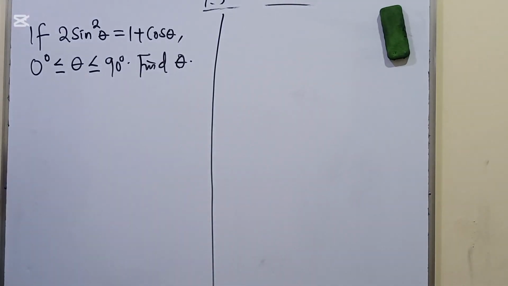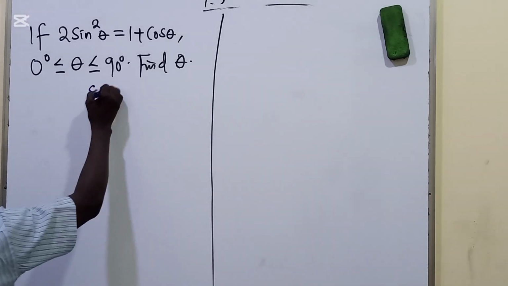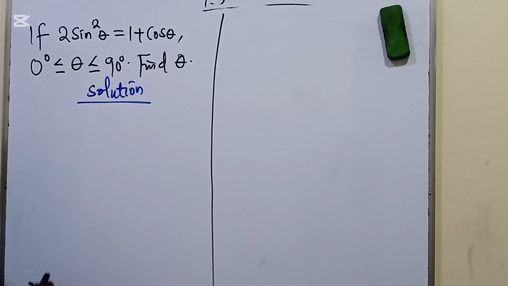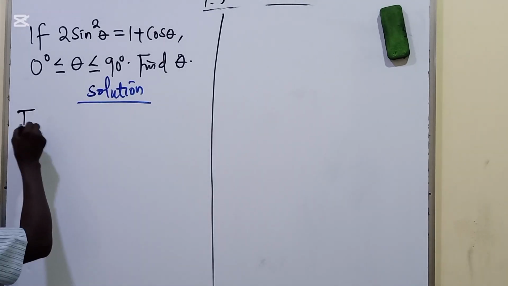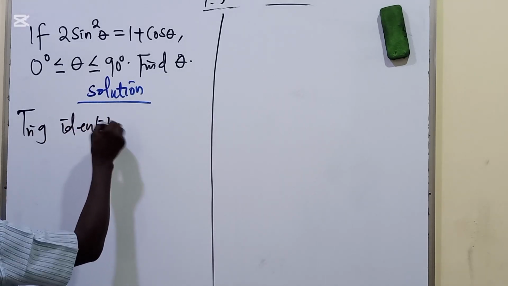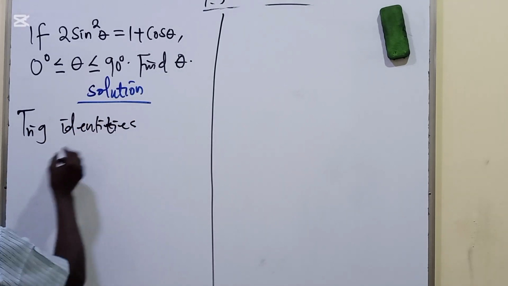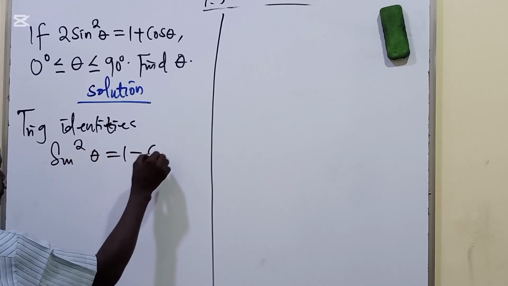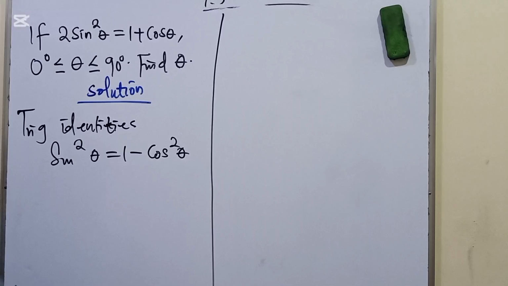Let's write down the solution. Solution to this question now. From trigonometric identities, we know that sine squared theta is nothing but 1 minus cos squared theta.